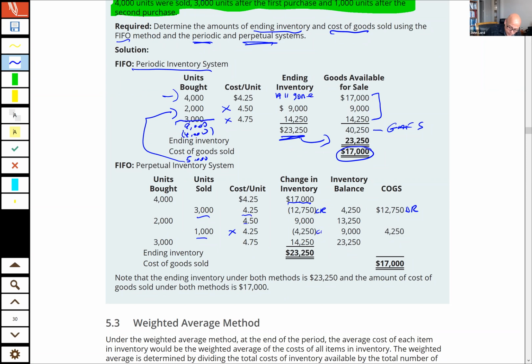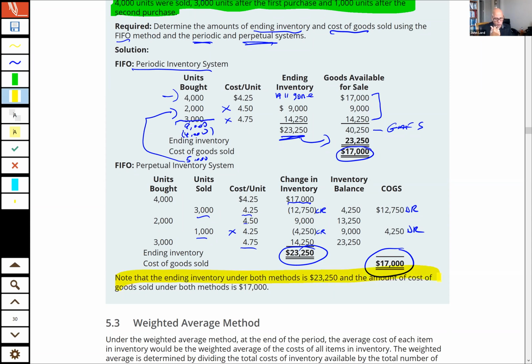I credit my inventory. I debit my cost of goods sold. I got my cost of goods sold. I bring in that batch 3 at 475. I didn't sell any of those, and I have my ending inventory. Now notice, guys, the point that we made earlier, the what?